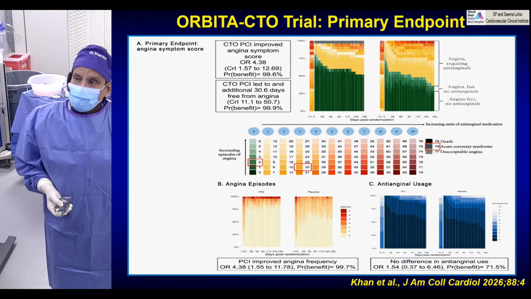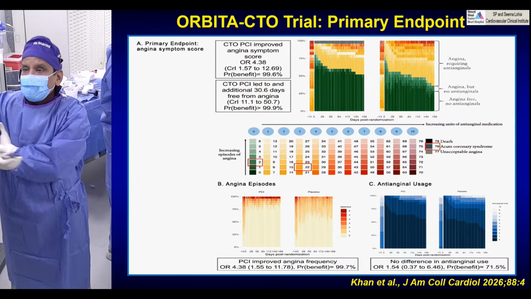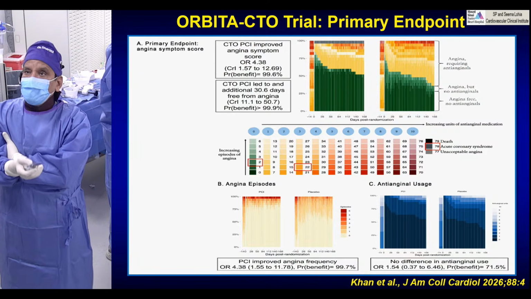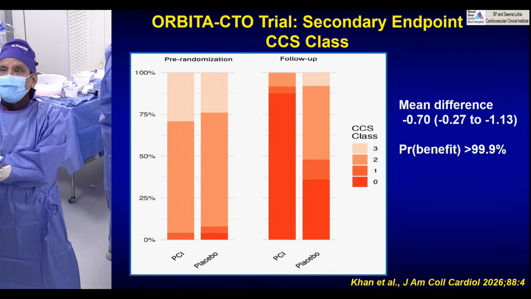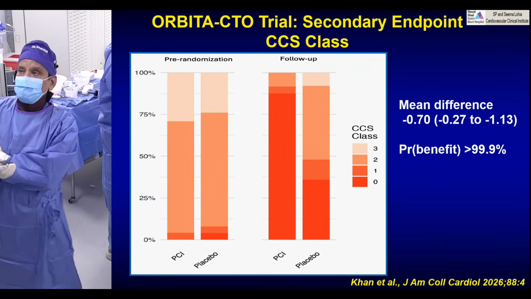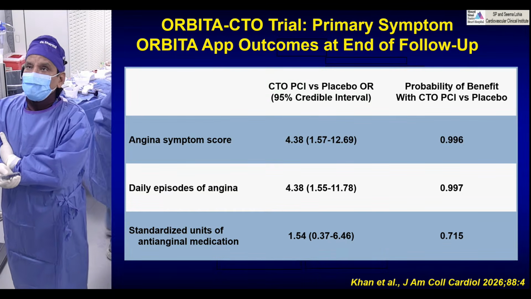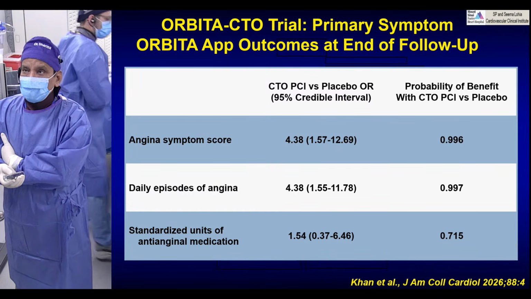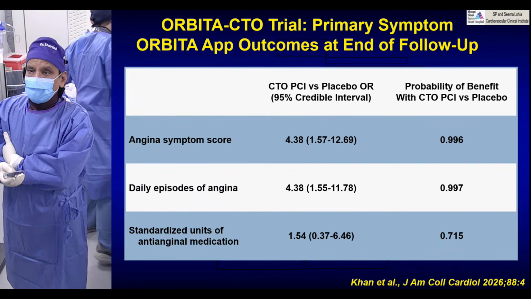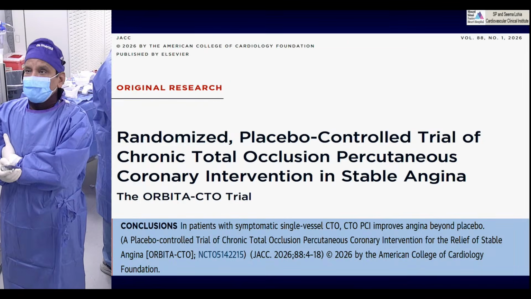It improved the angina frequency, and although there was no difference in anti-anginal use, clearly angina frequency decreased, angina symptoms decreased, and patients were also free of angina status. As far as the CCS class is concerned, it also improved in favor of PCI. Therefore, the CTO PCI versus placebo, angina symptom score, daily episodes of angina, standardization unit, and anti-anginal medications were all shown, and this is what was put into the one-page trial.